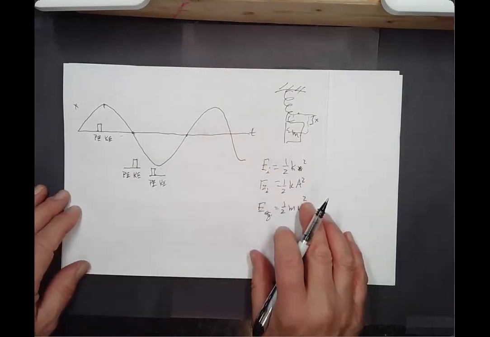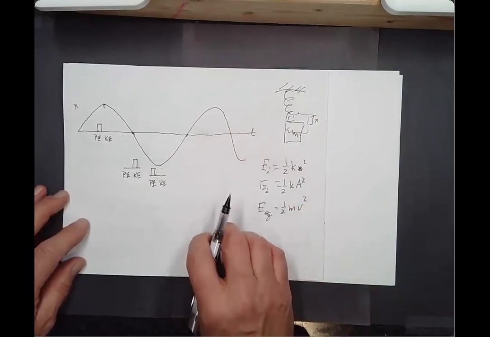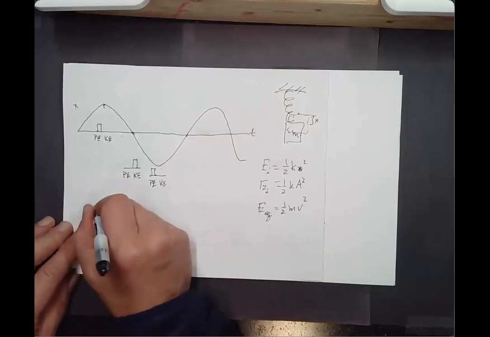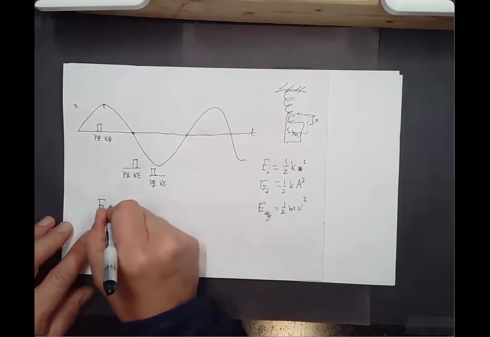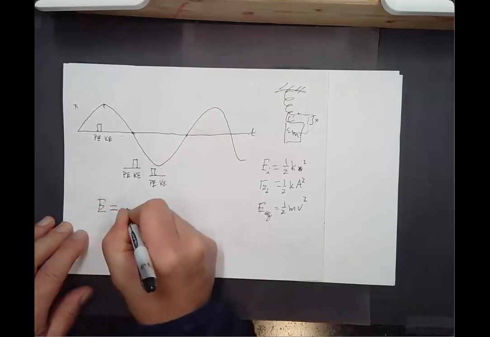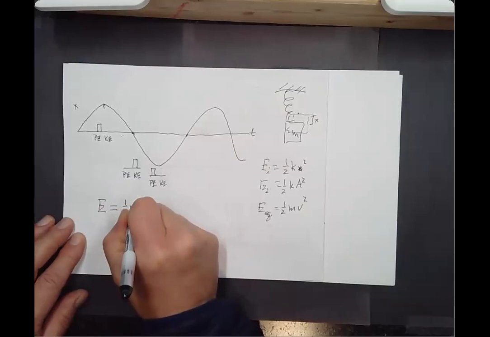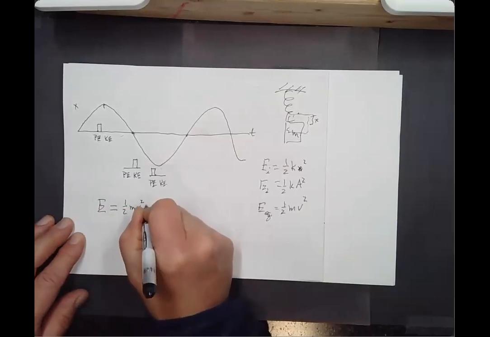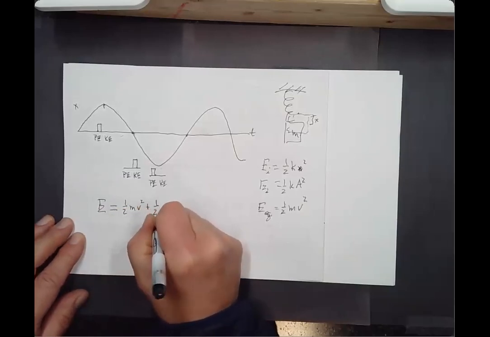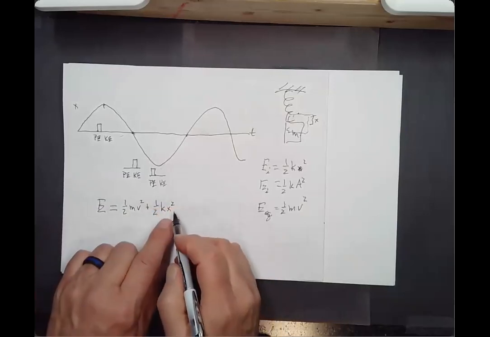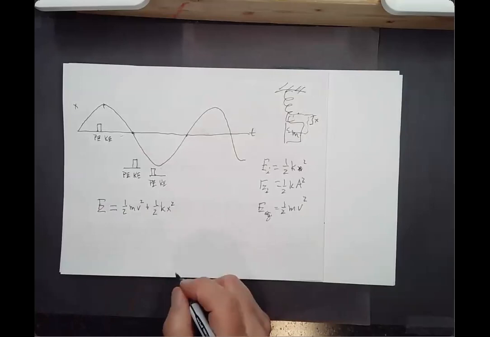Well, let's see what we can write for this. I wrote the energy of this system at any given time as 1/2 mv squared plus 1/2 kx squared, where x in this case is the distance away from equilibrium.